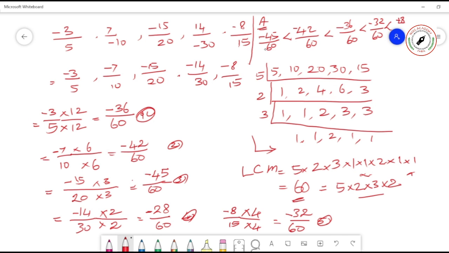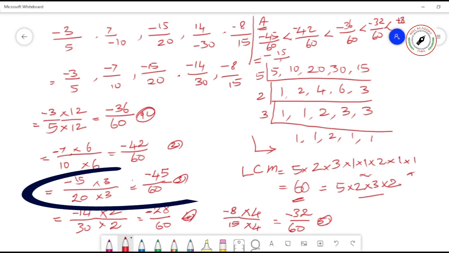Say, what is the equivalent for minus 45 by 60? Minus 15 by 20. You see here. What is minus 45 by 60? Minus 15 by 20.